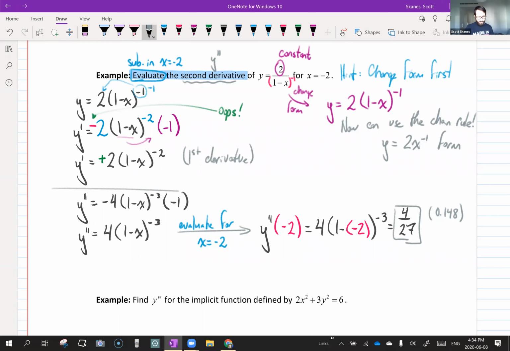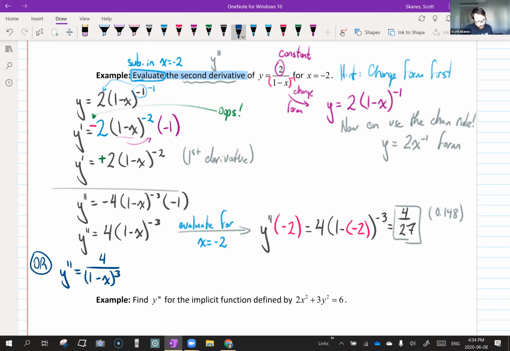So there's one note I want to make, and that's, what if you had a slightly different form? So some students, for whatever reason, they have different ways they like to see things. They would rewrite the second derivative as this. It's the exact same thing.